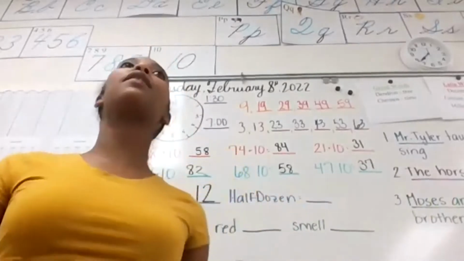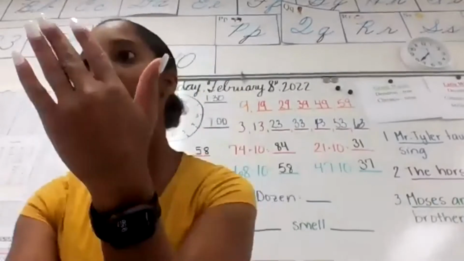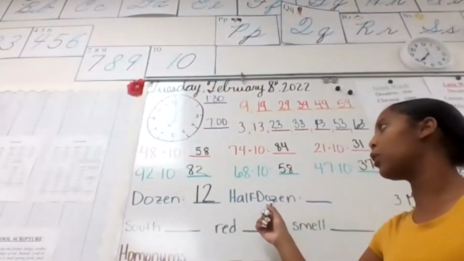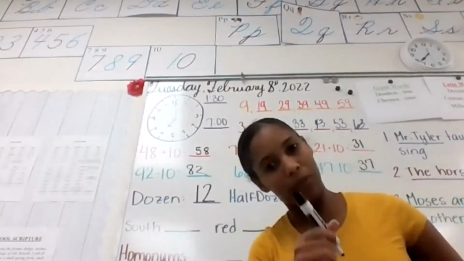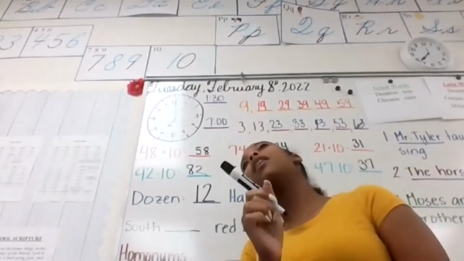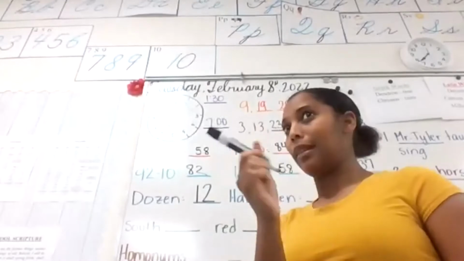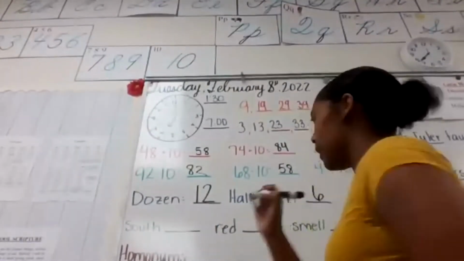So if a full dozen is 12, do you know what half of a dozen would be? It would be half of 12. Now that's a doubles fact. You should know half of 12. 6 is half a dozen.